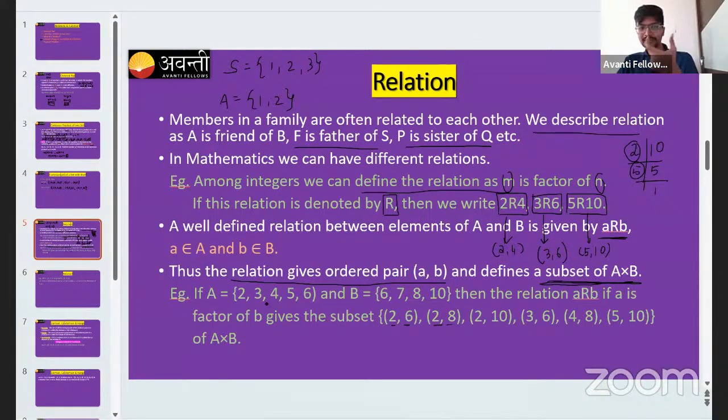So from these two sets A and B, we got this relation which satisfies the definition that the first element is a factor of the second element.